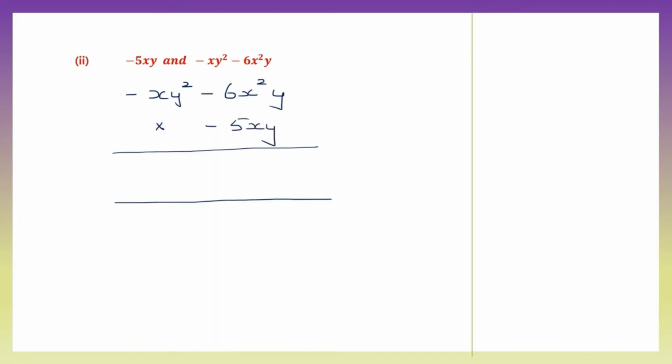Question 2. So here also let's take minus xy square minus 6x square y into minus 5xy. Okay, so first we're going to multiply minus 5xy with minus xy square. So let's write it down. Minus 1xy square into minus 5xy. So first let's take all the numbers. So that is minus 1 into minus 5.